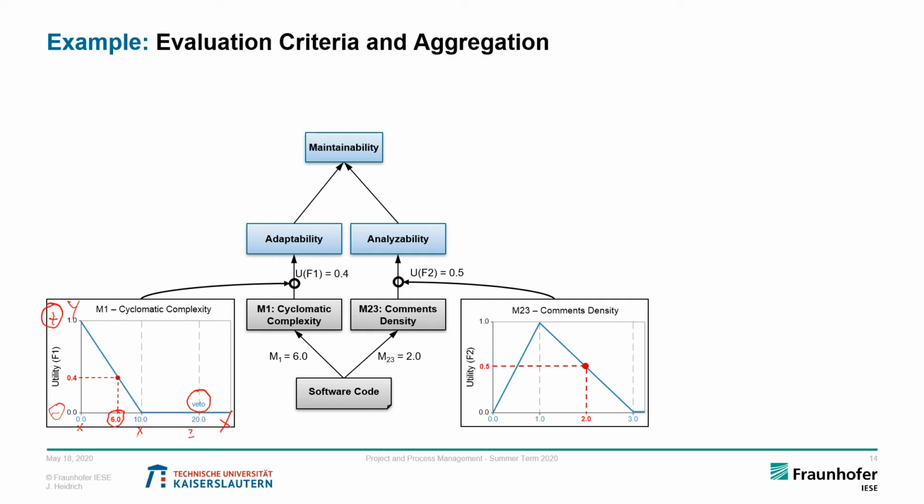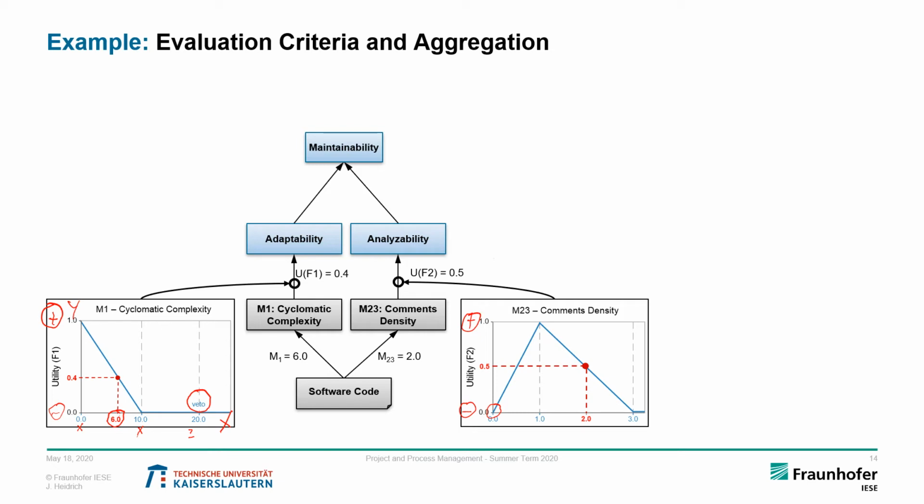If you look at the example on the right-hand side, the evaluation scale looks slightly different. So we have here comments density. Comments density is here defined, as I said, as the number of lines of code you have commented compared to the overall lines of code. And if you have not commented at all, it's the worst situation. Again, we have here the worst and the best situation.